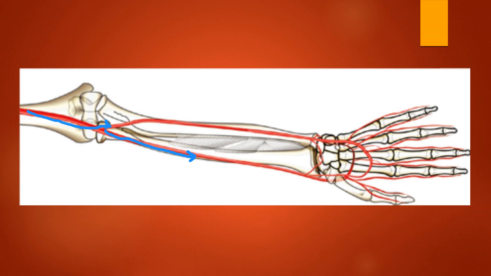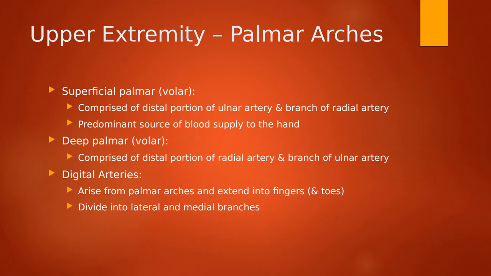Let's take a deeper look at the palmar arches. We have a better diagram on our next slide. Our superficial palmar arch, like we said, is going to be composed of a main branch from the ulnar artery and from the radial artery, and then it's going to be in communication with a very distal branch of the ulnar artery.